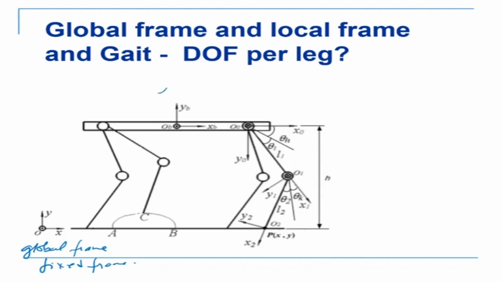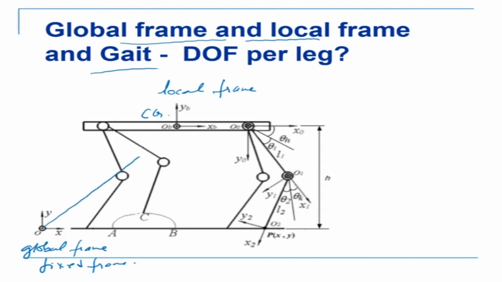Then I put a local frame, which is put at the center of the body. Sometimes it is put at the CG of the body. So the global frame and local frame have been put. The local frame is at the CG of the body and the global frame is put anywhere outside.